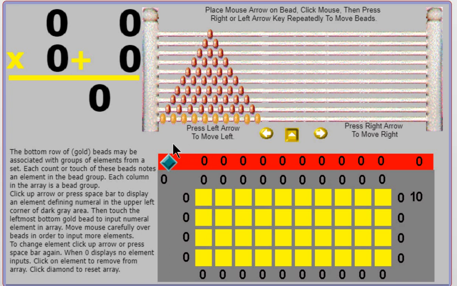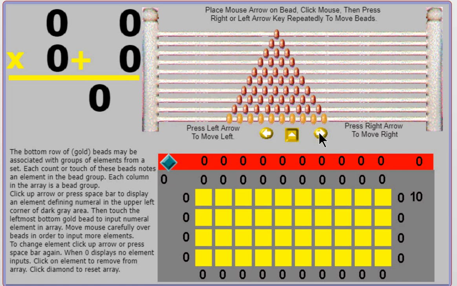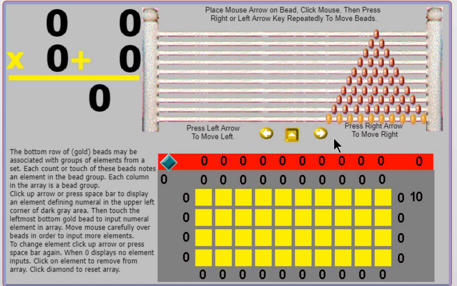Okay, so to explore multiplication on the Pythabacus, first we will click the leftmost bead and click the right arrow key to reset the triangle of beads against the right post.